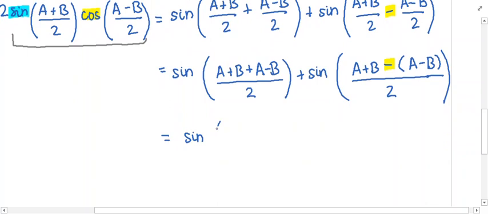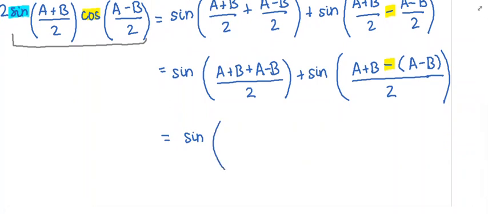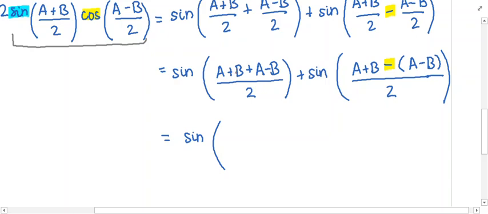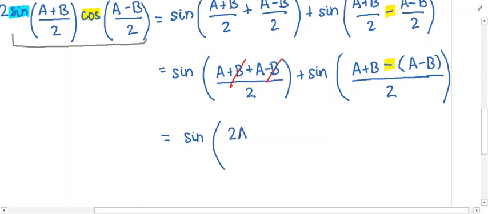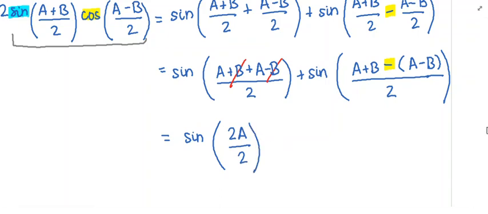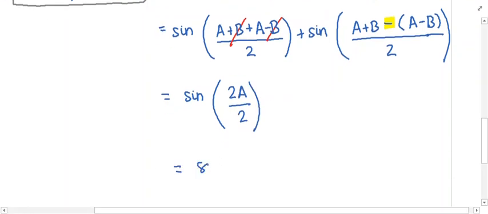So this is going to be the sine. If you look in the numerator over here, see where my cursor is, you have a plus b plus a minus b. So the b's cancel because I have a positive one and a negative one. I'm left with 2a in the numerator and a 2 in the denominator. So that will essentially simplify to be the sine of a.